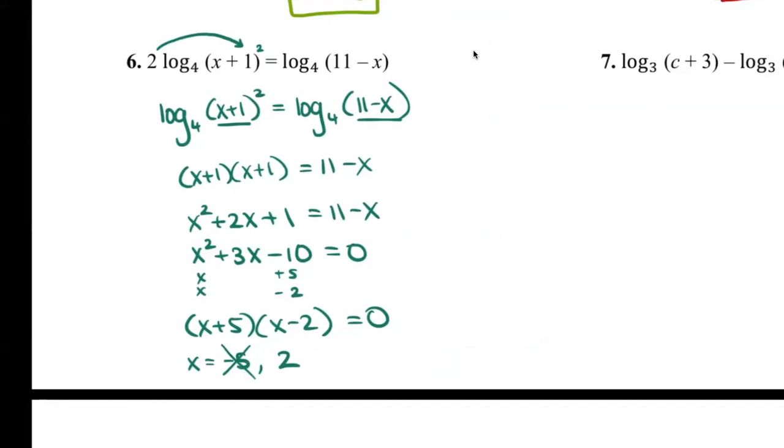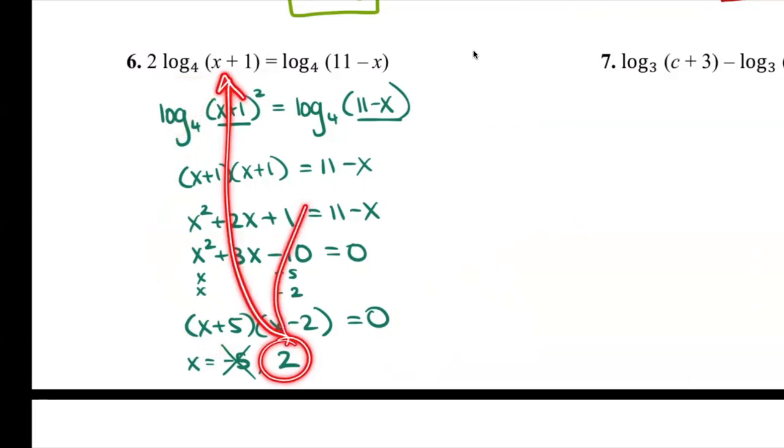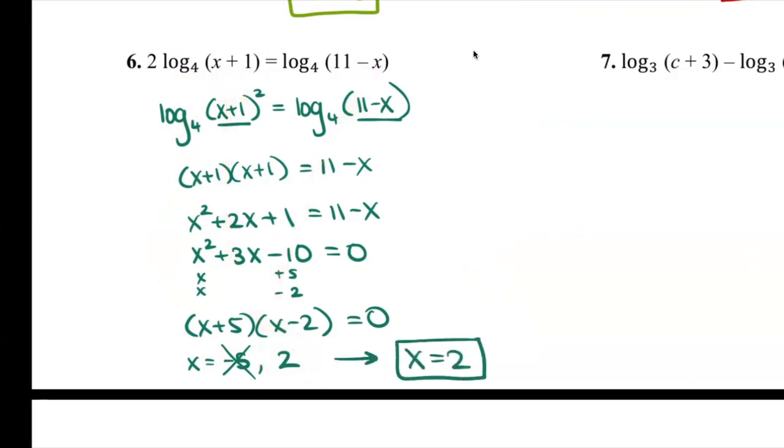Okay, so remember, it's the original problem you want to plug into. So when I plug in -5, this goes undefined. So can't keep that one. This one, when I plug it in, it's okay since both of those arguments are positive. So final answer will just be x is equal to 2.